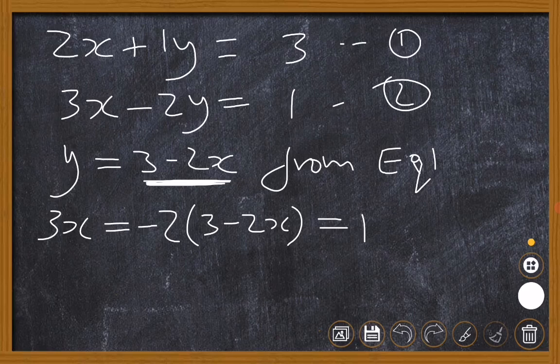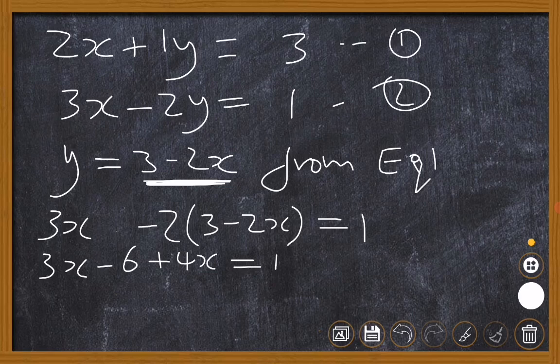Oh sorry, I think it should be a minus there, not an equal sign. I hope you noticed that. All right, so you can then multiply everything out. You've got 3x minus 6 plus 4x equals 1.